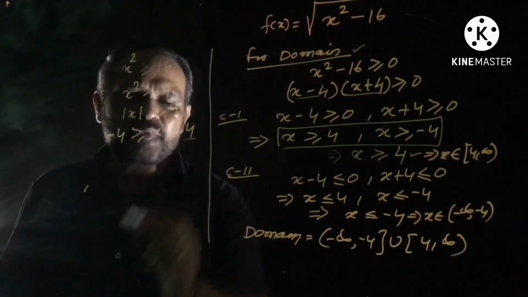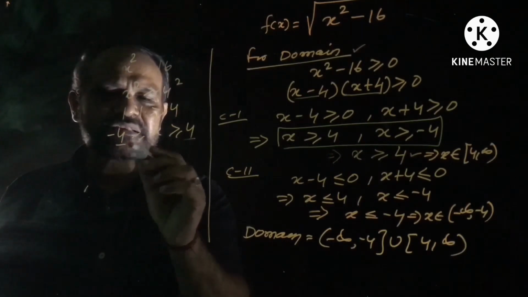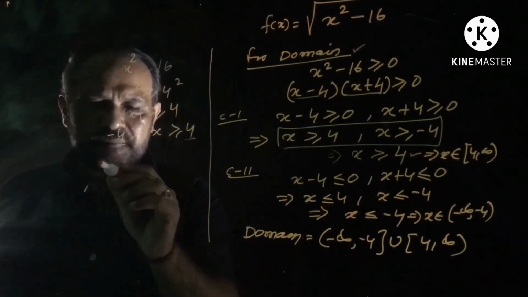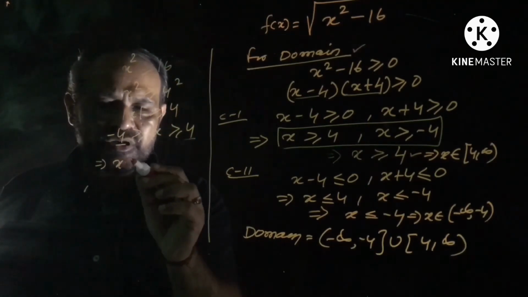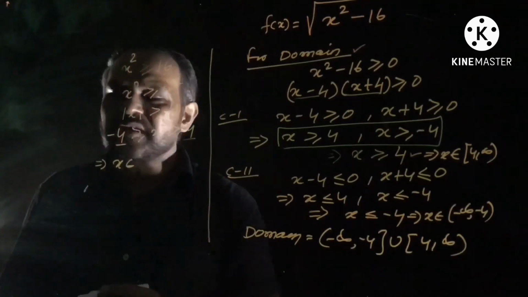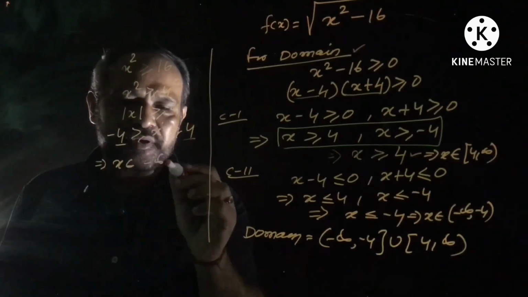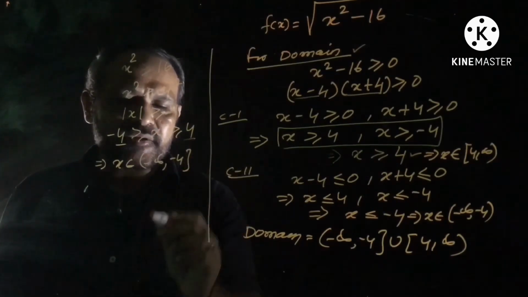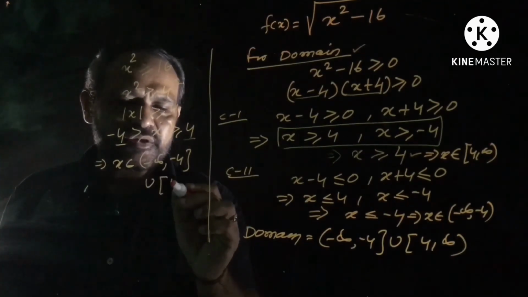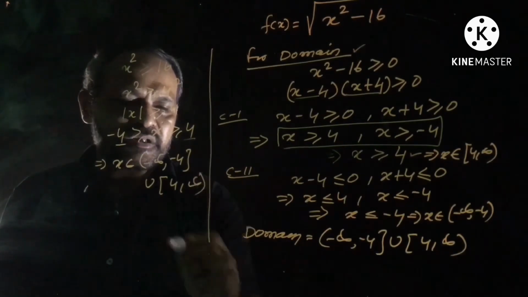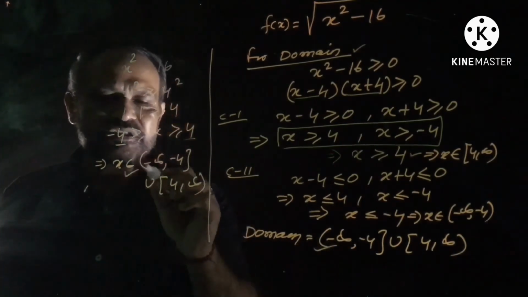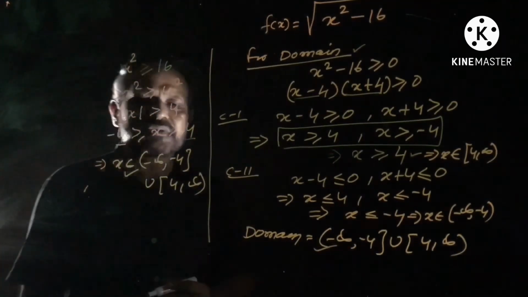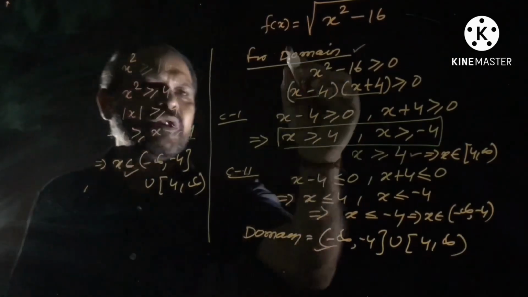Which is greater than 4 and less than minus 4. This implies x belongs to minus infinity to minus 4 and 4 to infinity. Same answer. So, this is the alternative way to find out the domain of this function.